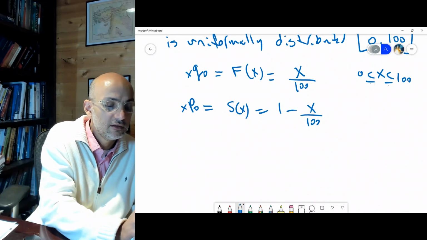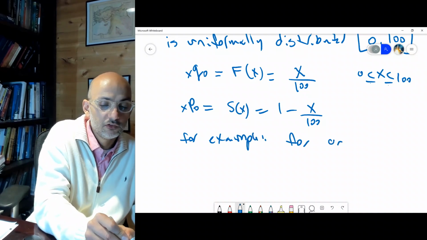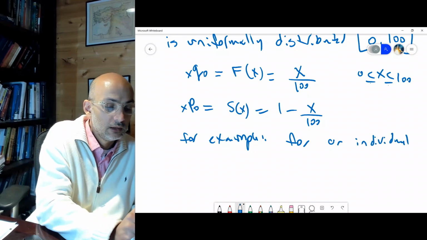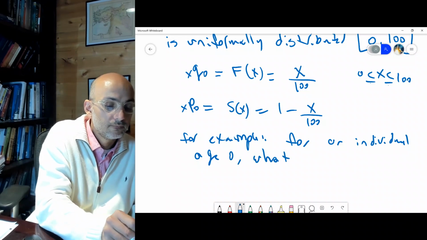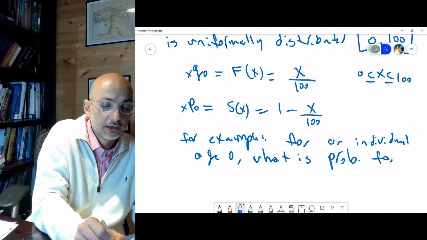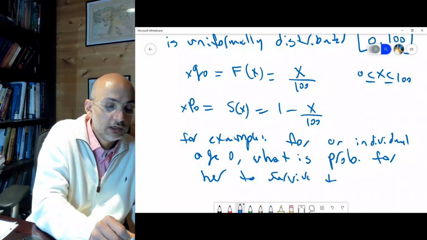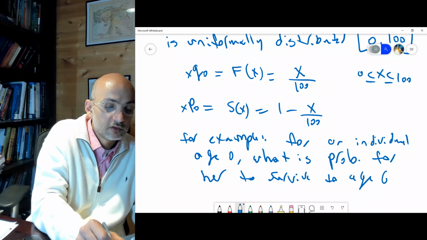So what if, for example, the question asks you, for an individual age 0, what is the probability for her to survive to age 60?